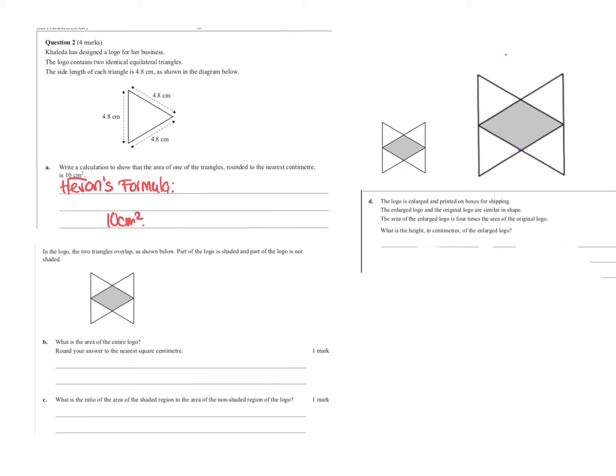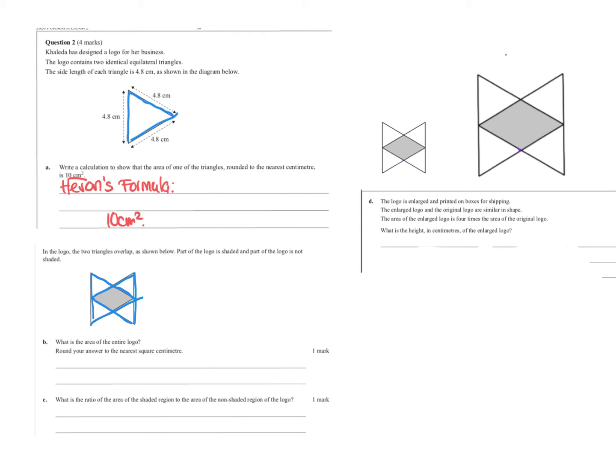All right. In the next bit, it says in the logo, 2 triangles overlap as shown, and part of the logo is shaded and part of the logo is not. What is the area of the entire logo? So if you look, what we've got is this original triangle up here, and they've got 2 of them, and they overlap like that.